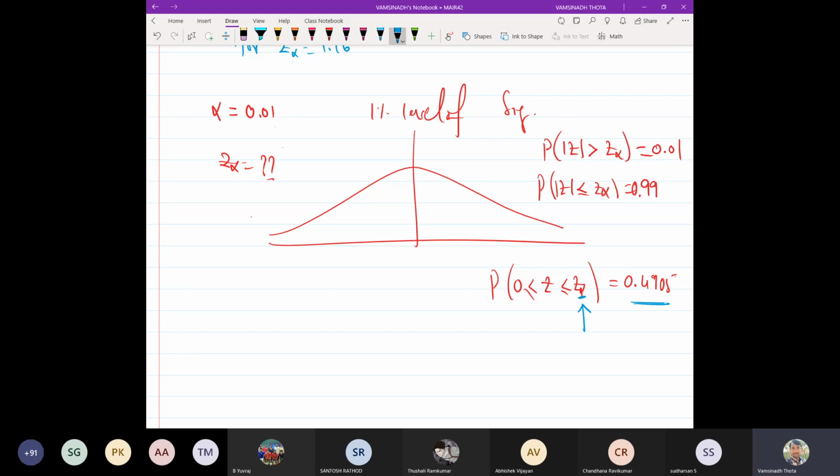Can you give me the value from the table? 0.345. That's absolutely nearby. Avinash has done it cleverly, actually.